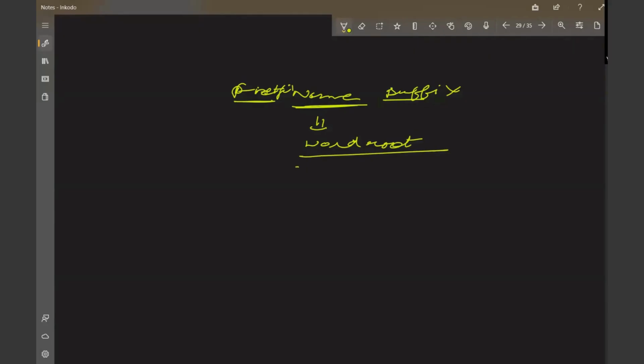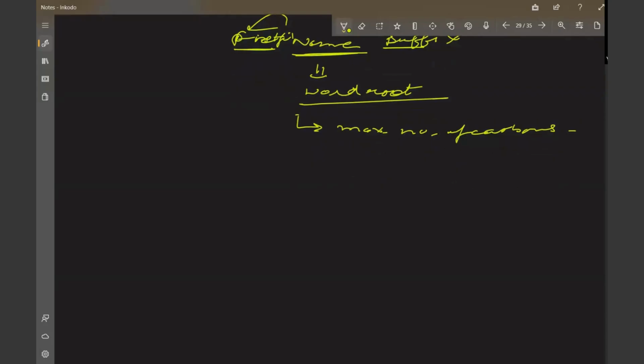The rule for naming is that the word root should be made up of the maximum number of carbons. Doesn't matter what you put before or after, but your main name should have more letters. So we will follow this.